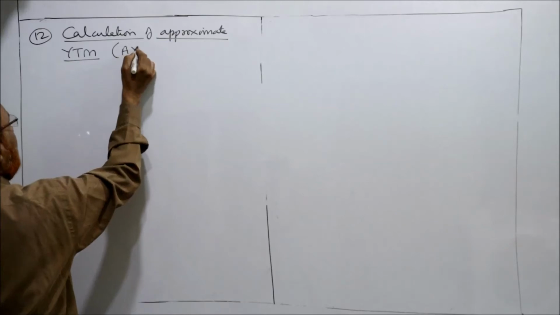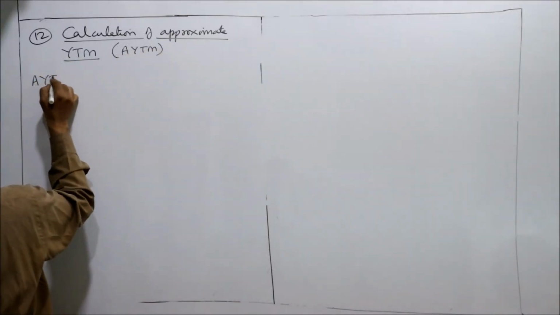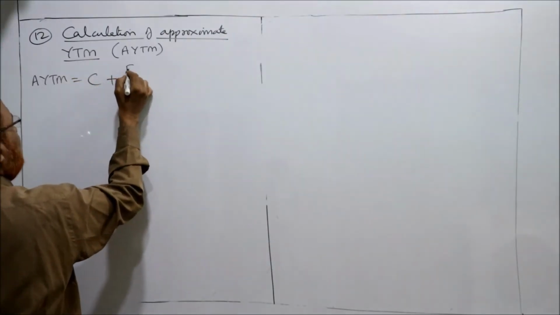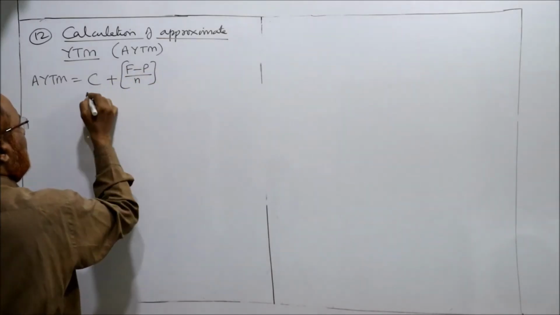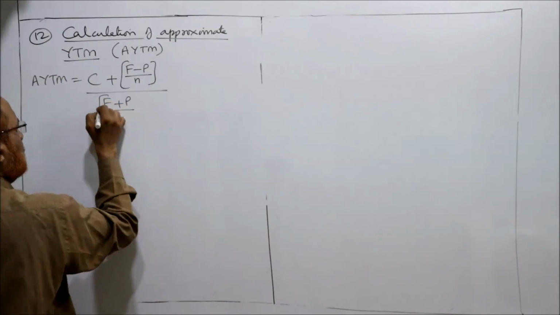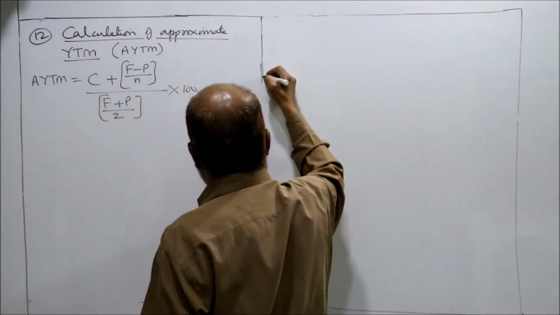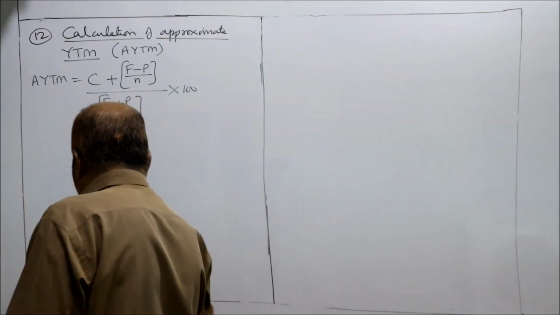It is called AYTM. C plus F minus P by N divided by F plus P by 2 into 100. Now remember, first time we are applying this formula to calculate approximate YTM.